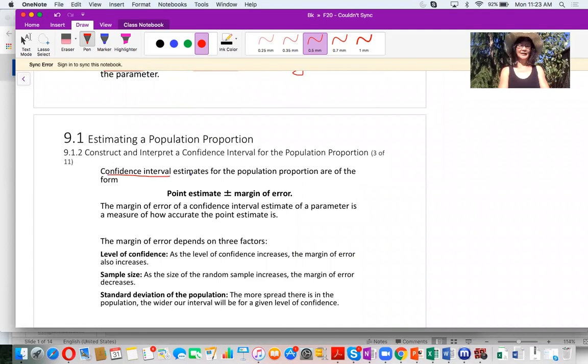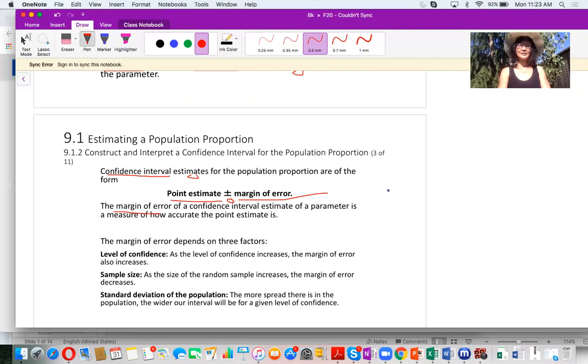A confidence interval estimate for a population proportion uses the point estimate plus or minus the margin of error. The margin of error of a confidence interval estimate of a parameter is a measure of how accurate the point estimate is.